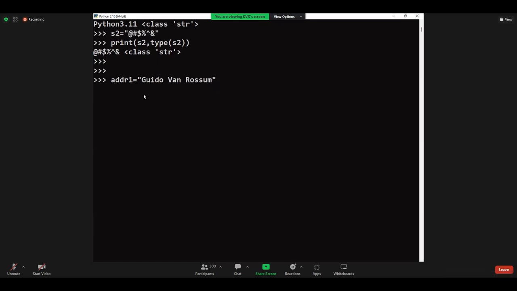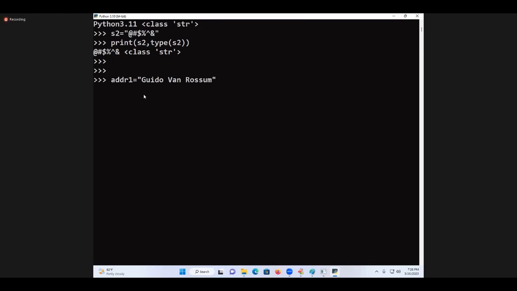But I want to write second line, third line, fourth line, until I say end of it. If I write like that, it is taking only one line. How can I write multiple lines? ADDR1 is equal to single quotes, it is taking one line only. Immediately the command prompt is coming. But I want multiple lines.